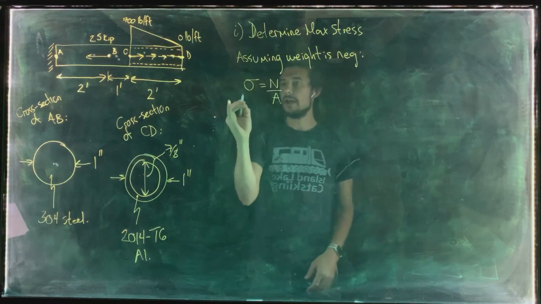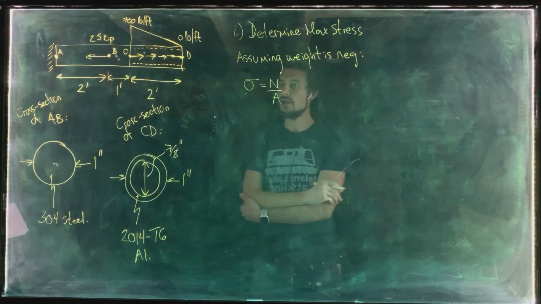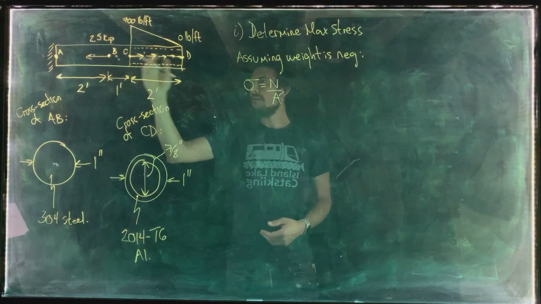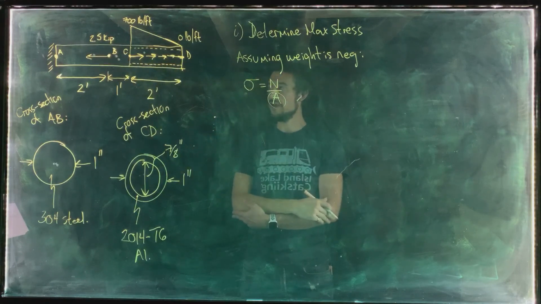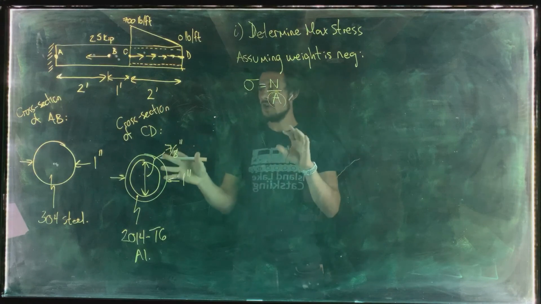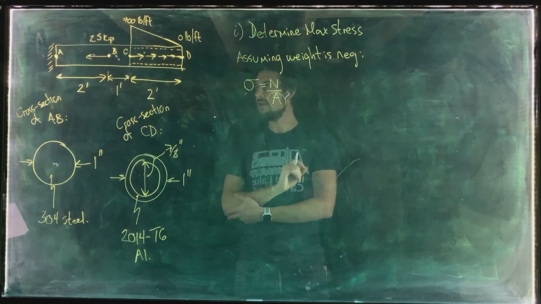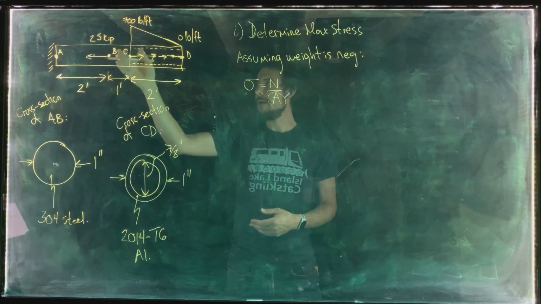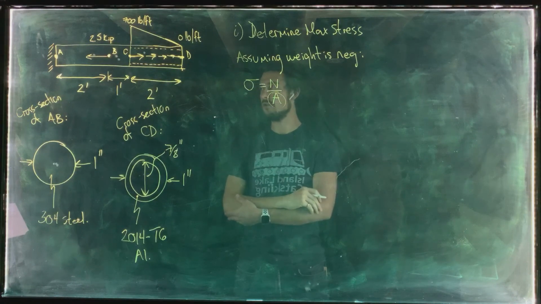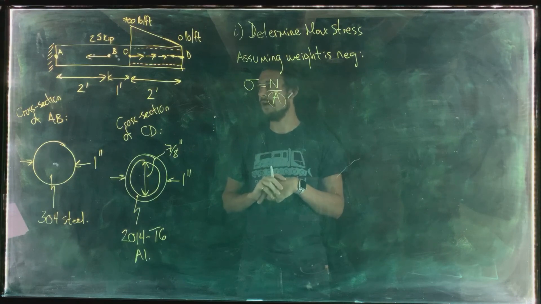And we always are calculating normal stress at a particular location. Now, we've got two different portions of the object and they have differing cross-sectional areas, right? So we're probably going to end up having to calculate the maximum stress in the pipe portion and the maximum stress in the solid portion because we've got two objects of different cross-sectional areas.